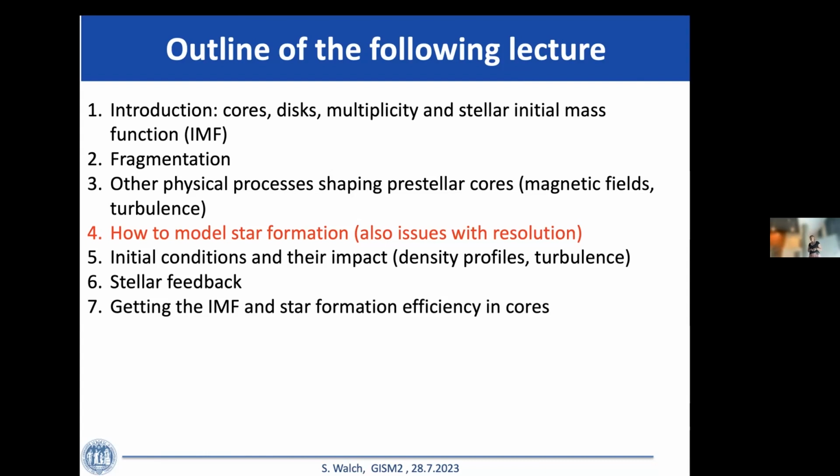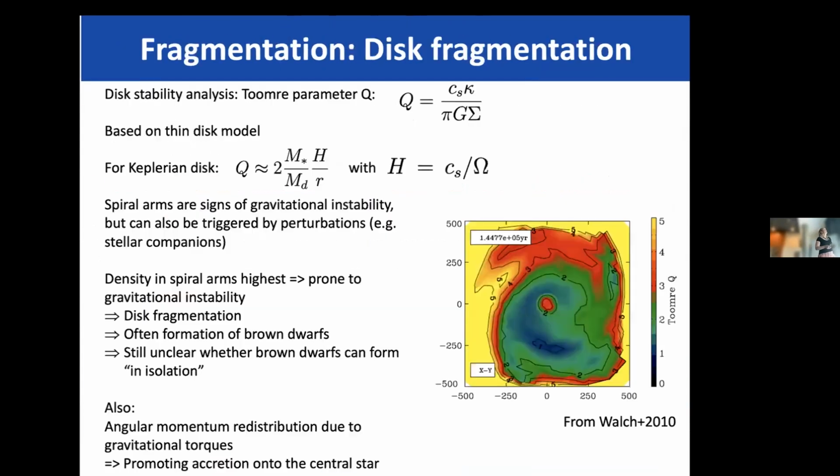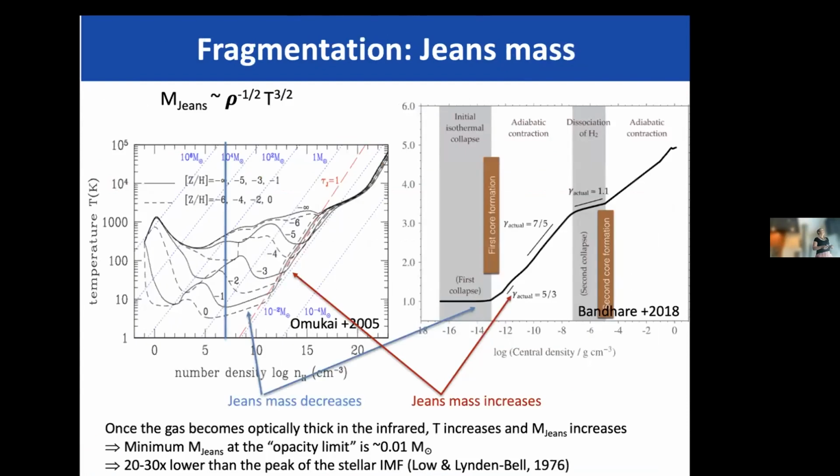Most of the stuff you've shown is for our galaxy, right? Can you comment on what happens in galaxies with low metallicity for star formation? I only showed this one plot for low metallicity. This is basically showing the temperature evolution as a function of density for lower metallicity.